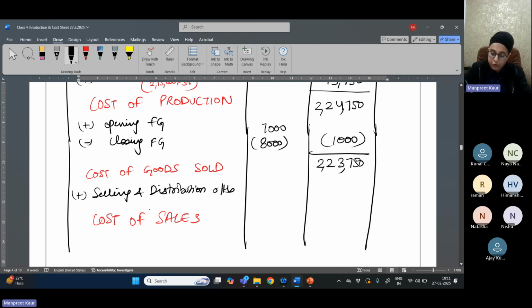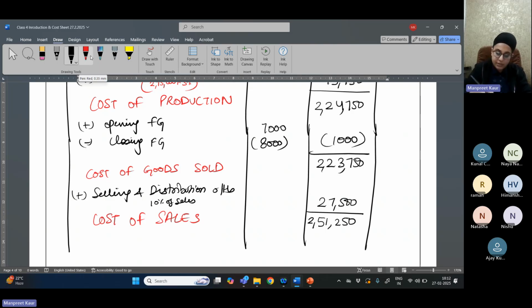Now, selling and distribution is 10% of sales. That is 10% of 2,75,000. That is 27,500. We will get the cost of sales. Cost of sales is 2,51,250. Next we have sales.